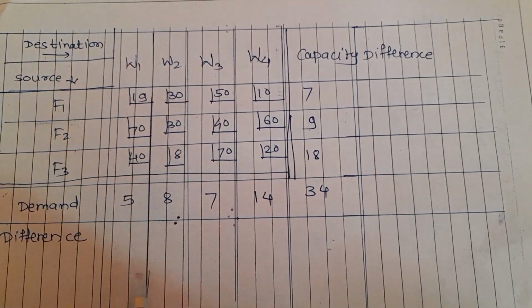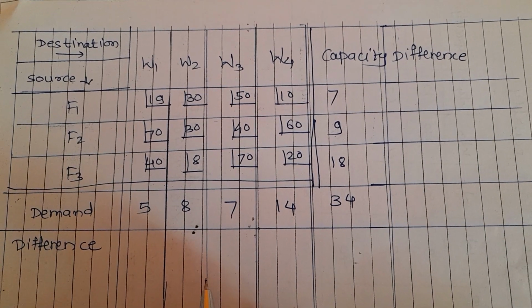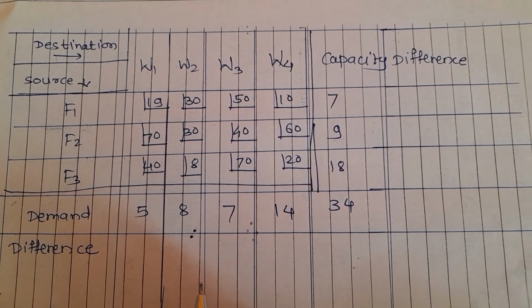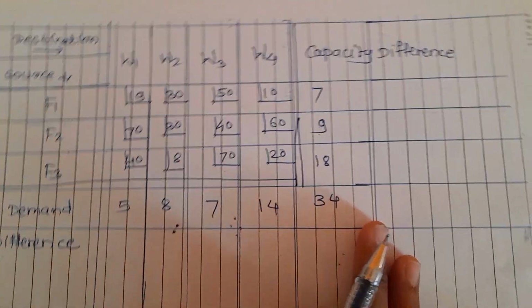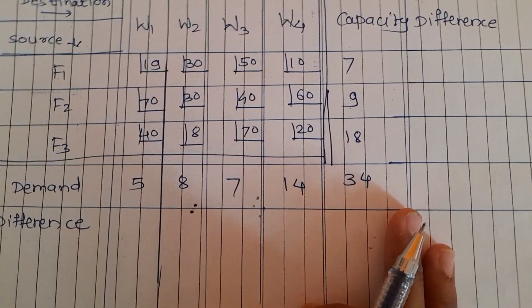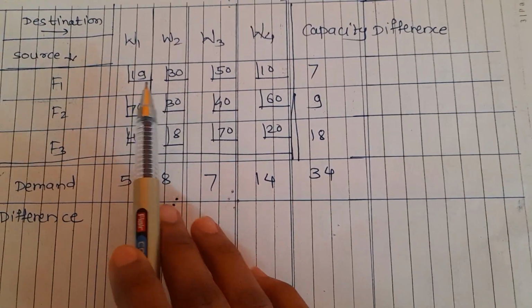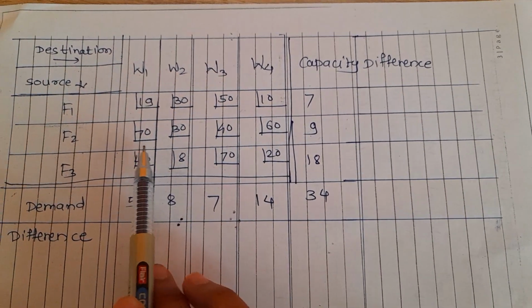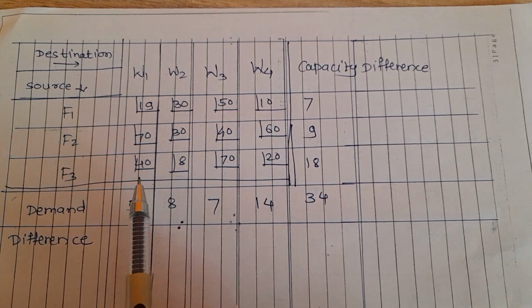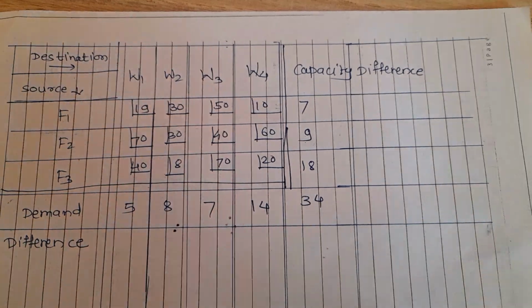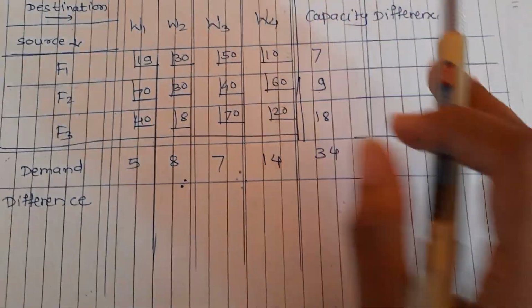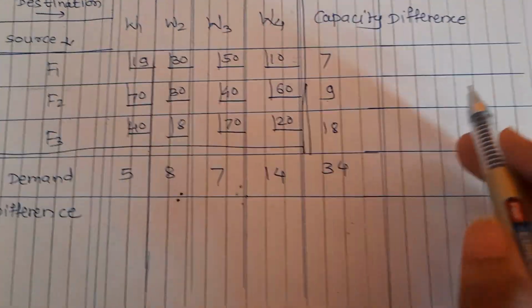For Vogel's approximation method to find the transportation cost, first we check all the costs: 19, 30, 50, 10, 70, 30, 40, 60, 40, 8, 70 and 20. Capacity and demand are not included in the differences.